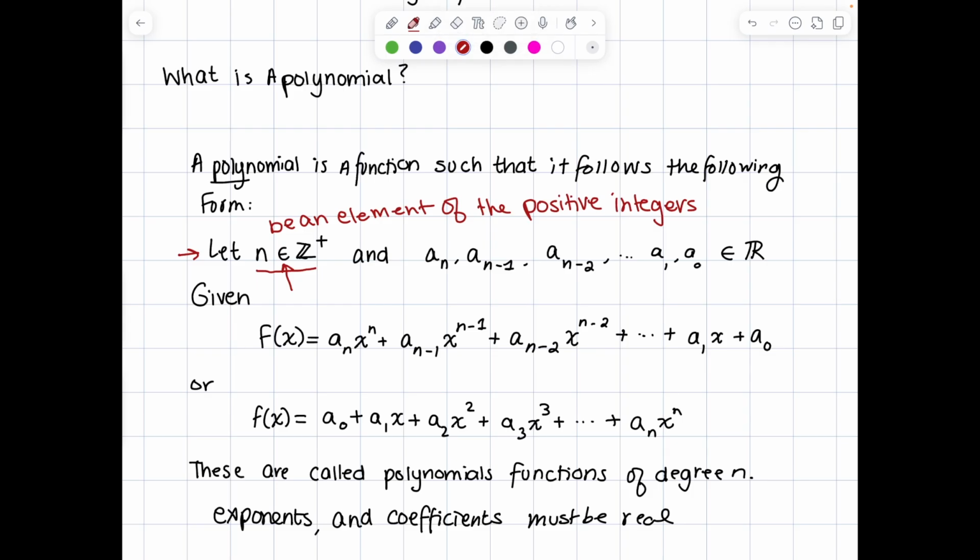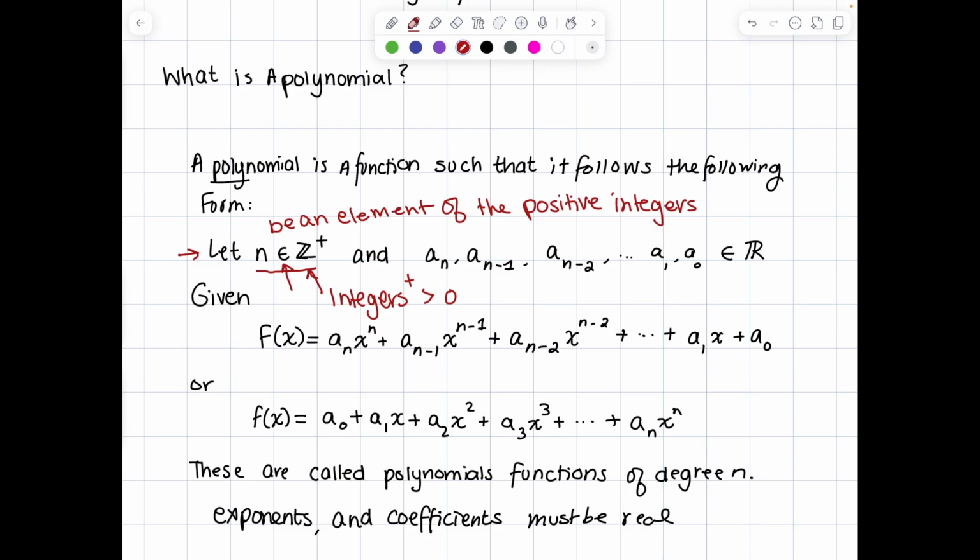And then this little double struck z here indicates the integers. And then this positive indicates integers greater than 0. So integers are whole numbers, but they can be both positive and negative. So technically this is a whole number, but I'm just using the positive integers as an example in this one.